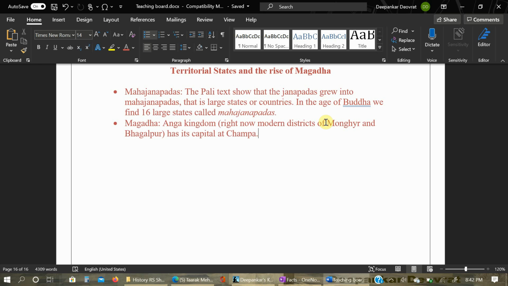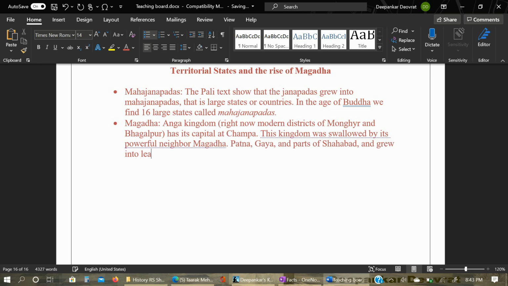Magad embraced the former districts of Patna, Gaya and parts of Shahabad, and grew into the leading state of the time.